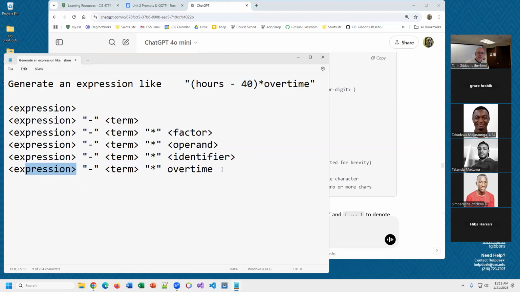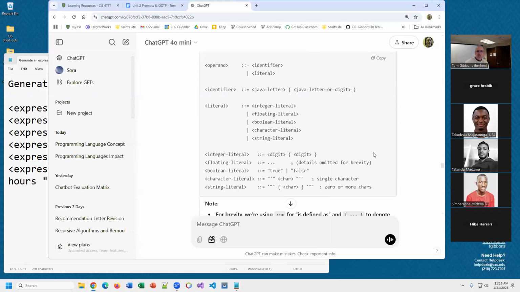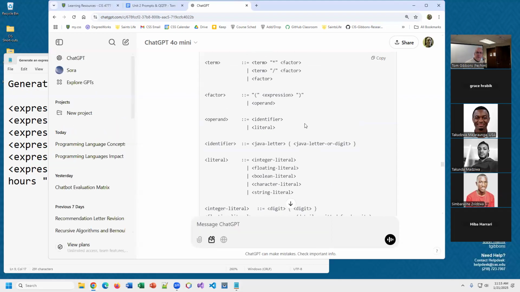So I think I should be able to take this and, with the production rules, get it to hours minus 40 times overtime there. I guess I could take the quotes around the expressions here, but I could get down to this thing. But I need parentheses here. And how do I get those parentheses in here for this?